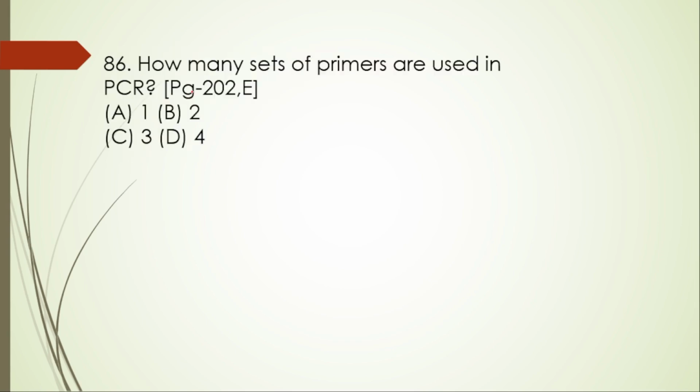Okay. Next, 86th one. How many sets of primers are used in PCR? Only one. One set of primers is required for the PCR process, that is the forward primer and then the reverse primer.